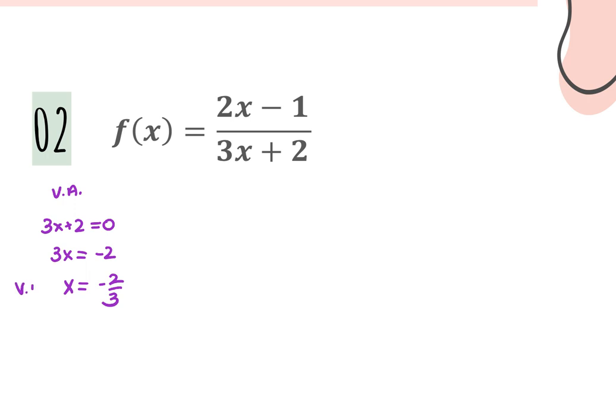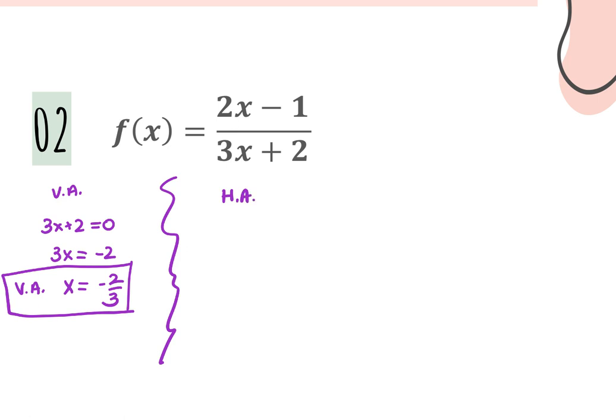So that's my vertical asymptote. Questions so far? Okay, now I go to the horizontal asymptote. What's the highest exponent in my numerator? 1.